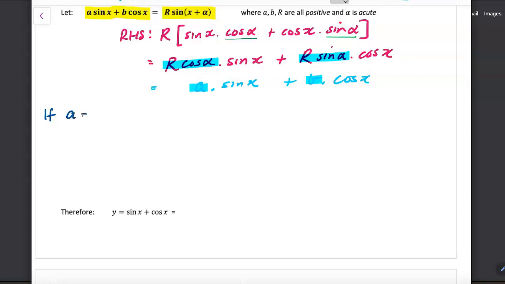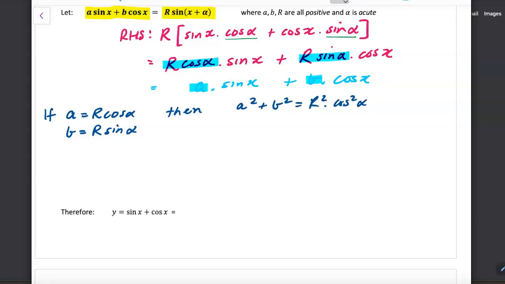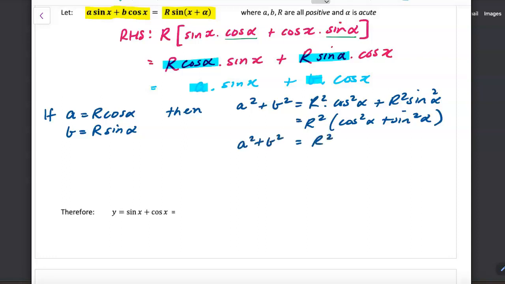If a is going to be represented by R times the cos of this angle alpha, and b is going to be represented by R times the sine of this angle alpha, then if we squared both a and b, this would be represented by R squared times cos squared alpha plus R squared times sine squared alpha. If we take out that factor of R squared, we're left with cos squared alpha plus sine squared alpha, and knowing the Pythagorean identity, that equals 1. So it tells us that a squared plus b squared is just R squared.